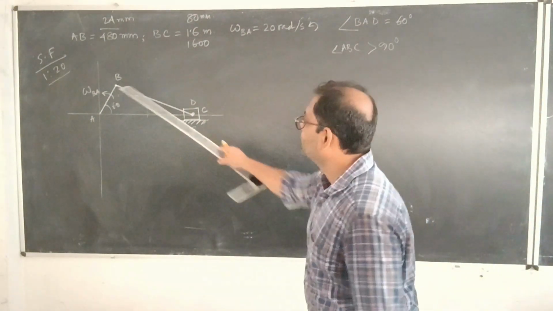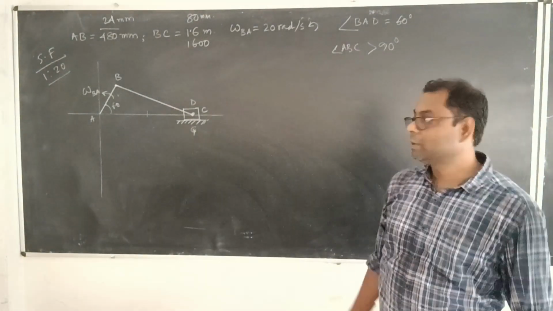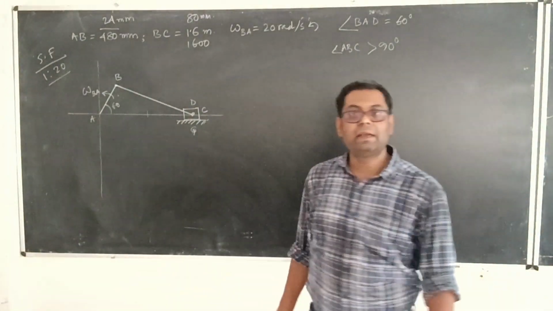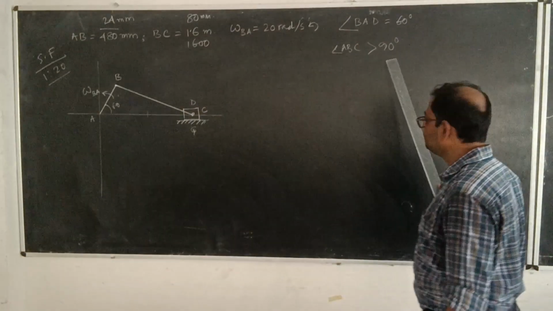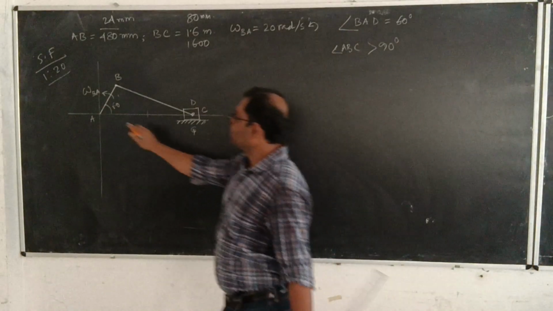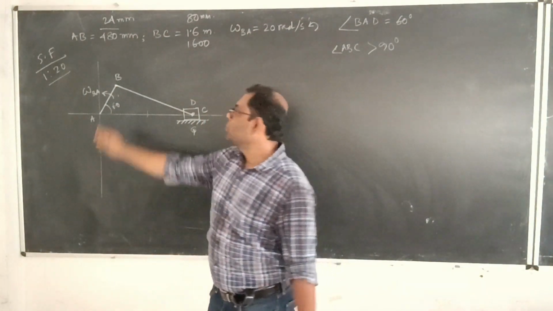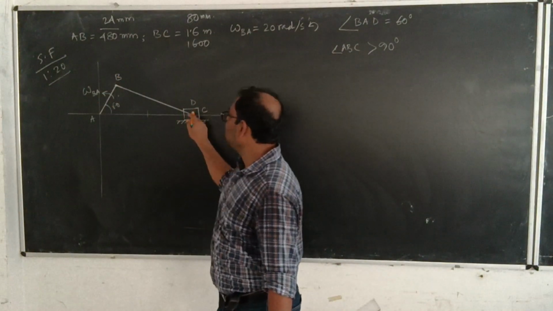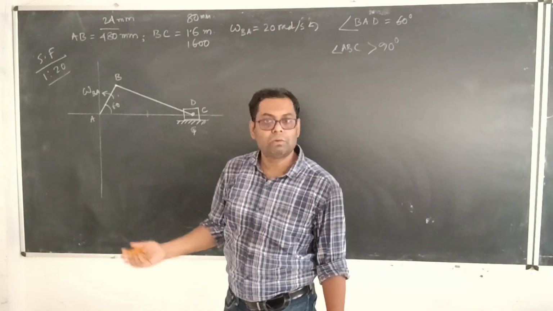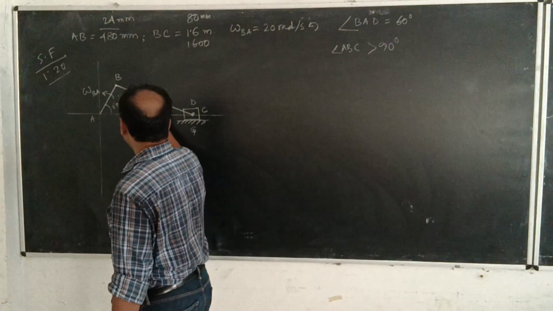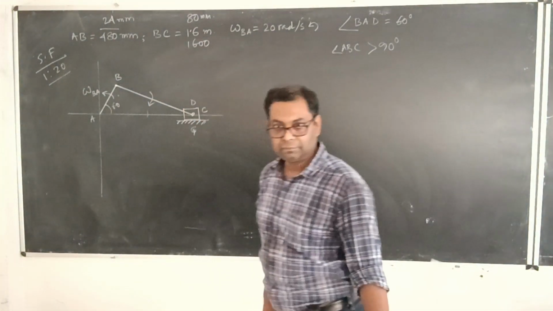Now BC is making an angle with AD greater than 90 degree. So with respect to A, B is rotating in anti-clockwise direction. So with respect to B, C should rotate in clockwise direction. That is in the opposite direction.